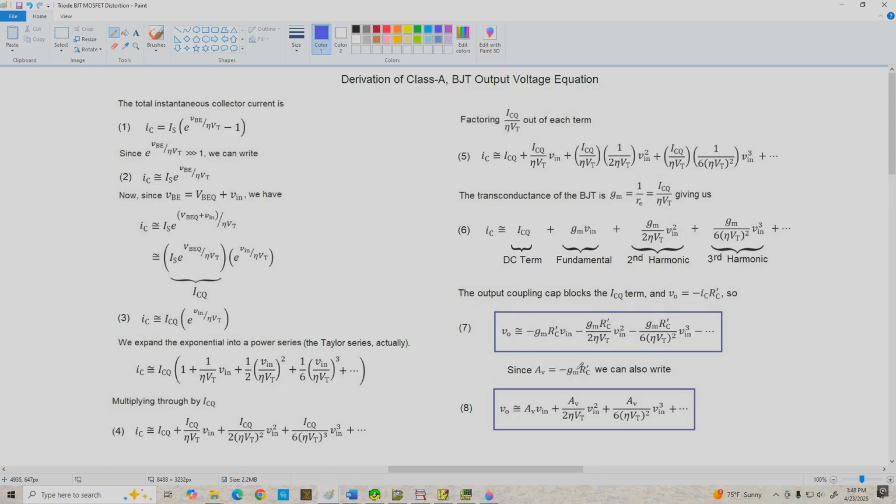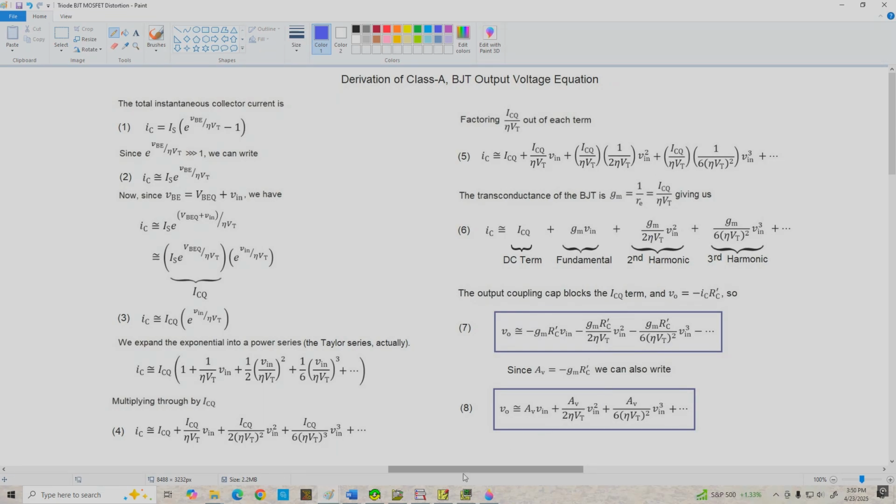Because AV equals negative GM times R prime C, we can just make that substitution. And finally, we get the equation Vout equals AV times Vin, as we've always seen in the past, plus the quadratic and then the cubic and so on. So now we have a really useful equation to work with.